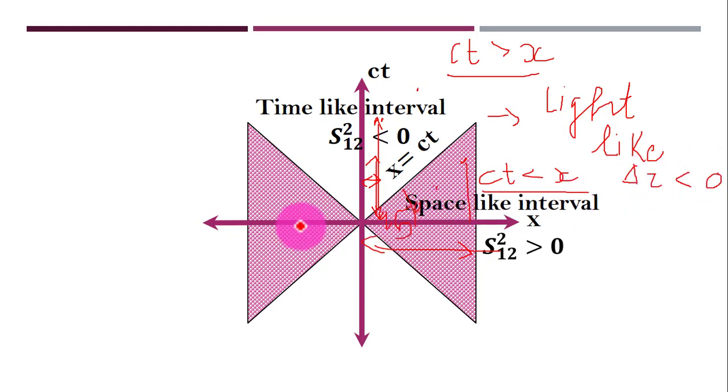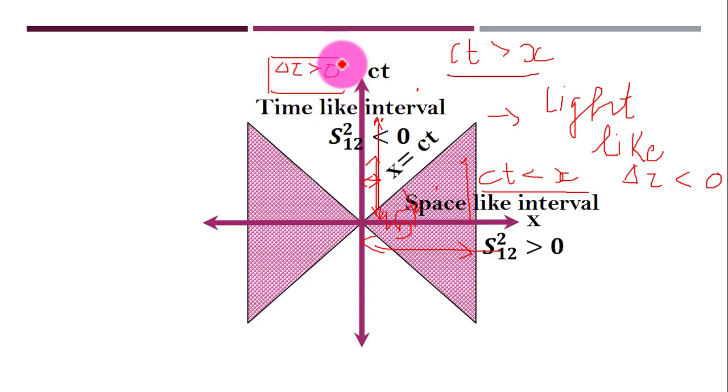And for all the events occurring in this region, or in this cone, delta tau will be greater than 0. That means the time you calculate will be real.